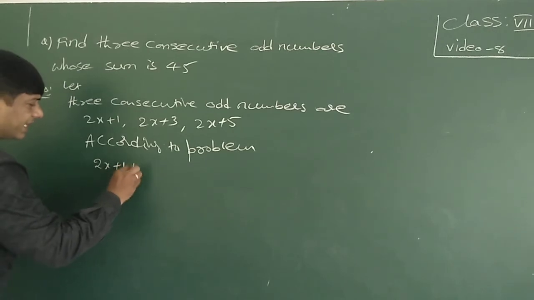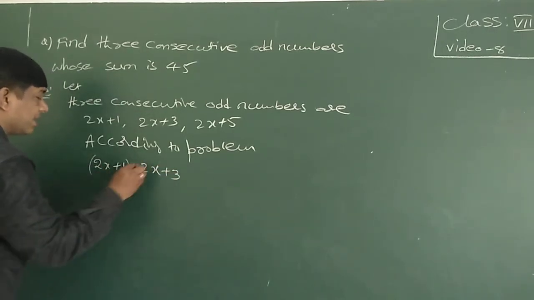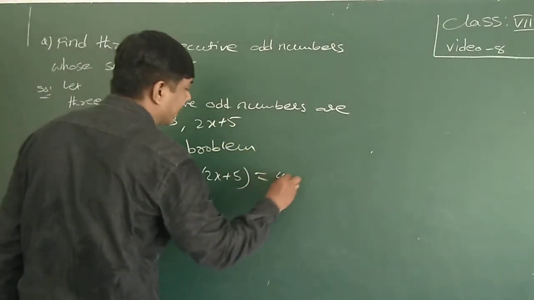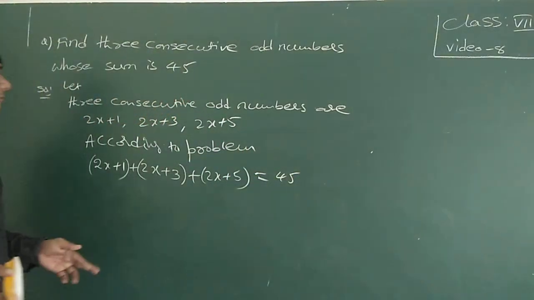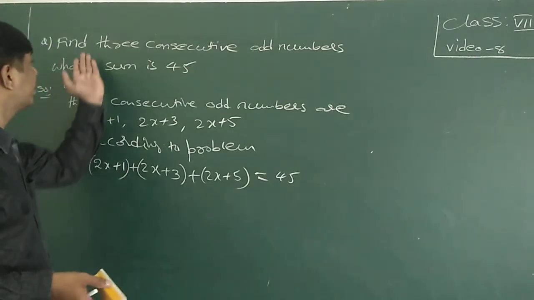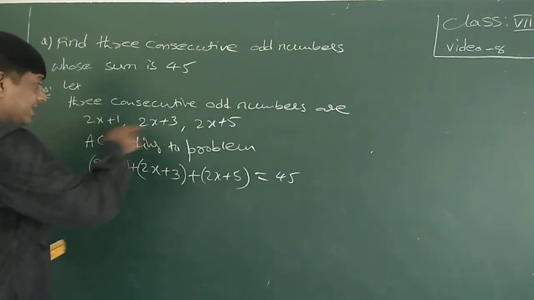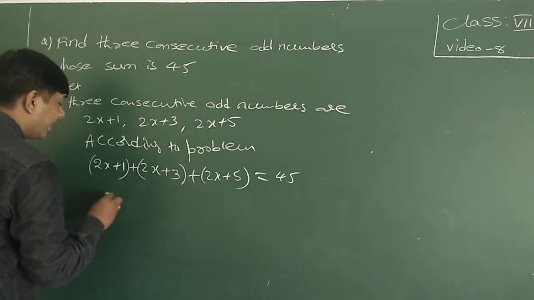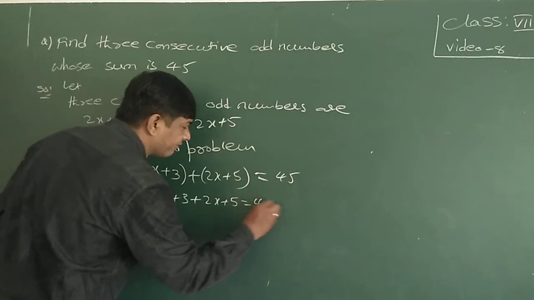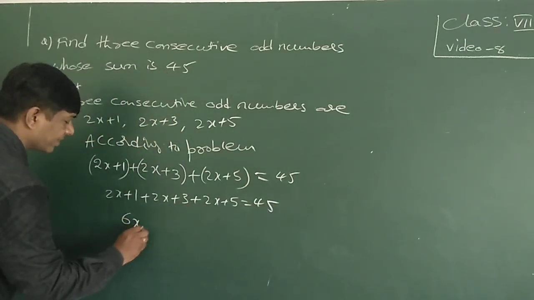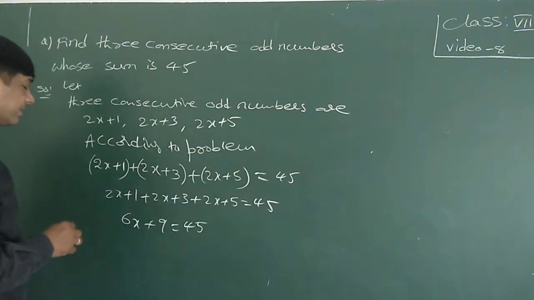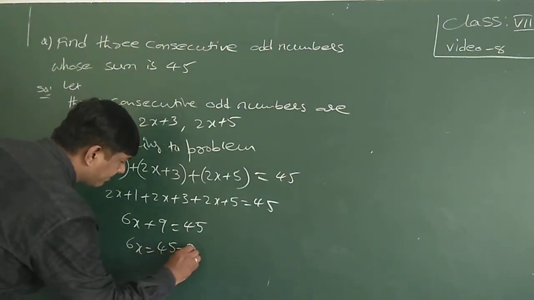Because they are all positive numbers, we can directly add them. 2x plus 1, this is the first odd number, 2x plus 3 is the second, 2x plus 5 is the third, equal to 45. Open the brackets: 2x plus 1 plus 2x plus 3 plus 2x plus 5 is equal to 45. 2x, 2x, 2x is 6x. 1 plus 3 is 4, plus 5 is 9. So 6x plus 9 is equal to 45. Now 6x is equal to 45 minus 9.